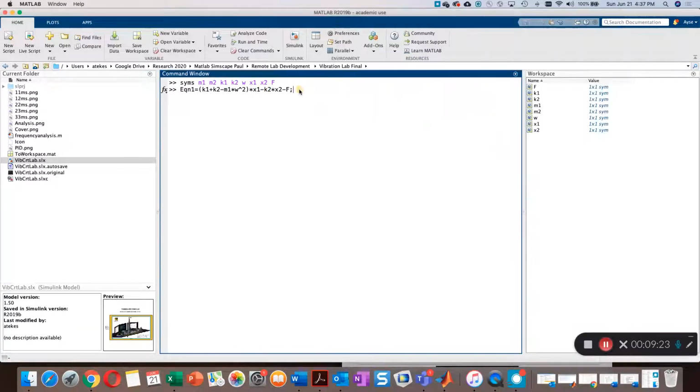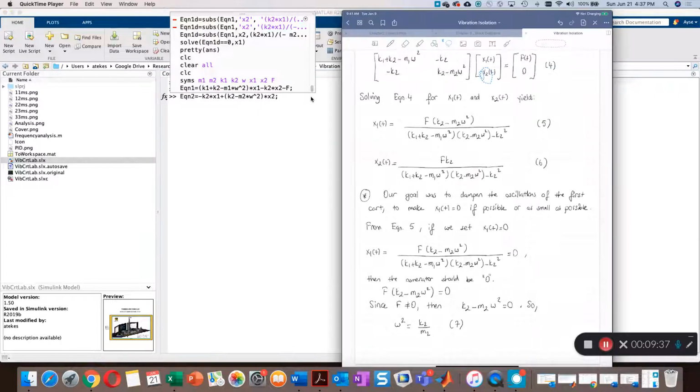Whenever you define an equation in MATLAB, make sure that the right side of the equation becomes 0. Then I have to define the second equation. The second equation, going back to this, I have negative k2 times x1 plus k2 minus m2 times omega squared times x2 equal to 0. So this equation is already set to 0.